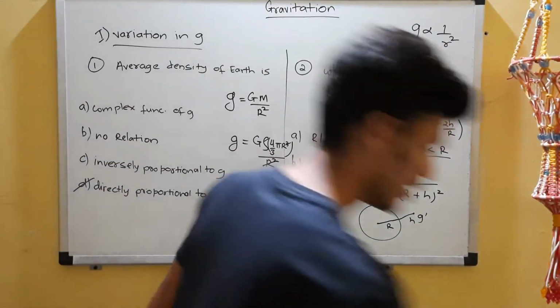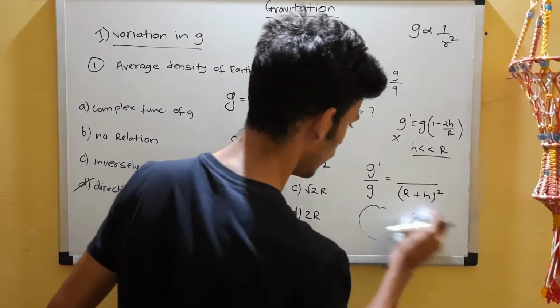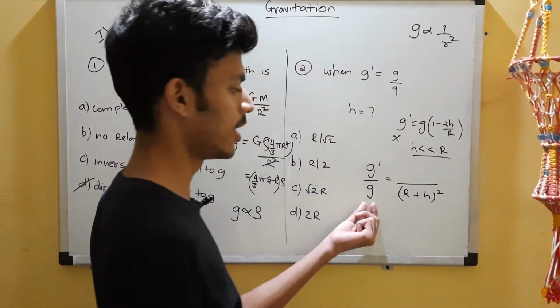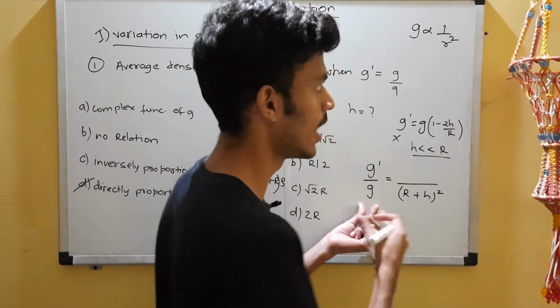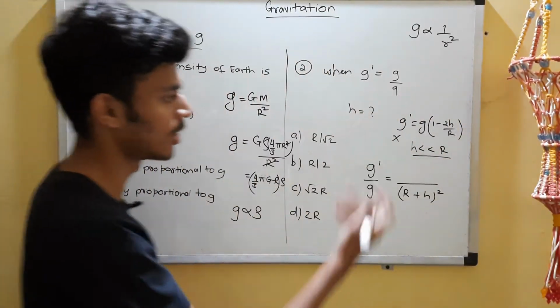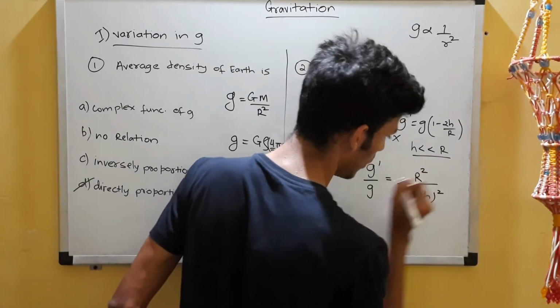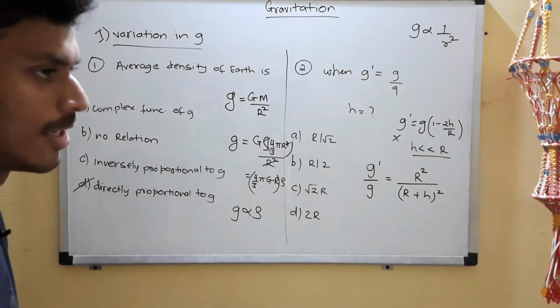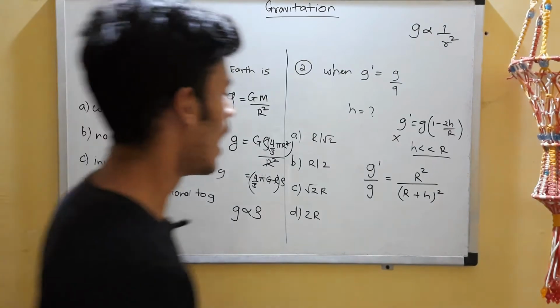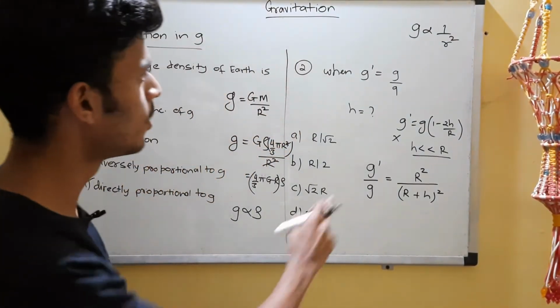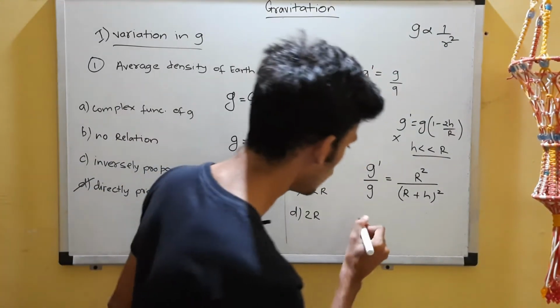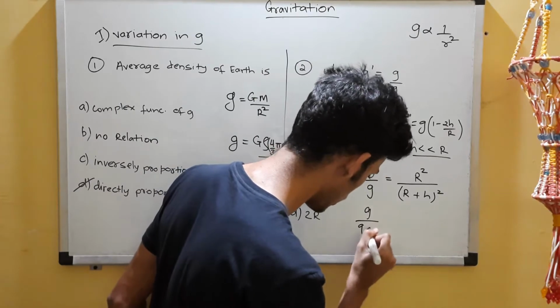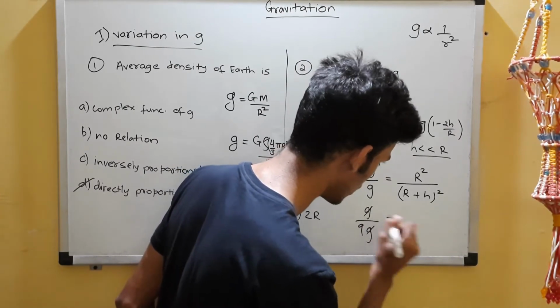Once you get that, it's very simple. And g is the acceleration due to gravity at the surface. At the surface, the distance from the center is r, the radius, so it's r square. Then we can substitute g'. We want it as g by 9. So g by 9 upon g, g and g will get cancelled.